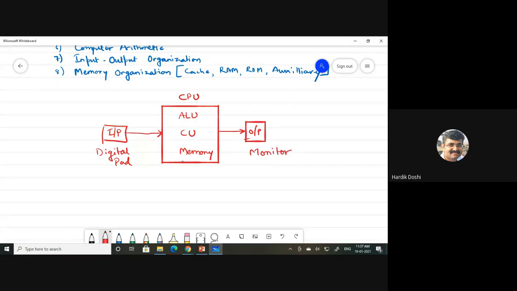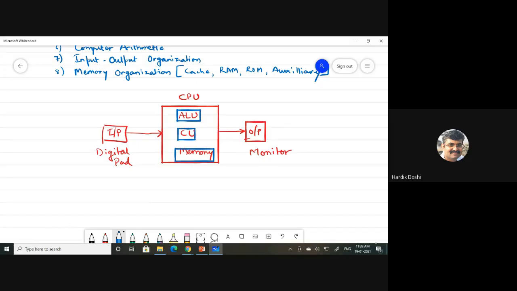Whatever I give as input is processed within this unit, and this unit consists of ALU, CU and memory.